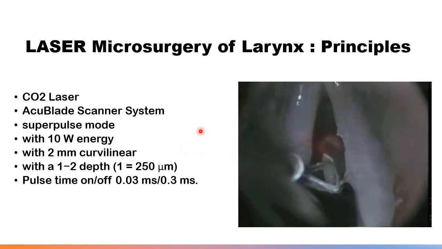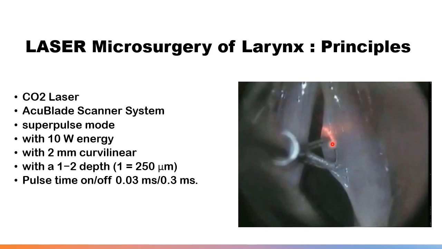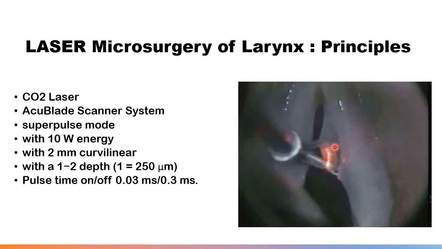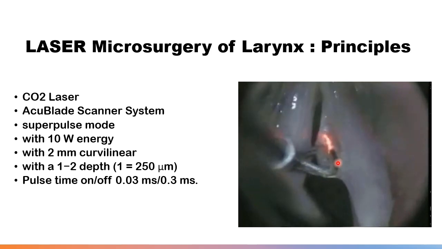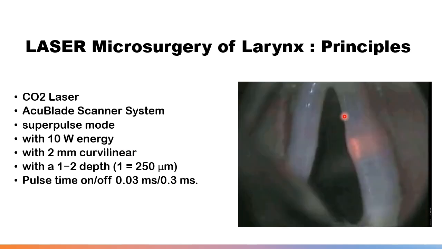He will also have to decide and set up the machine, whether he needs the focal spot to be a point or a line or a circle, and the dimensions of this spot, and whether it is straight or curvilinear like here, and the depth of penetration in the very delicate epithelium of the vocal folds.